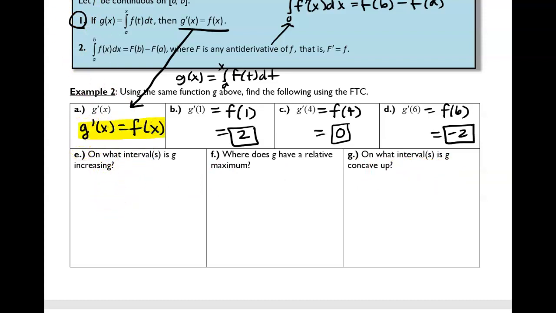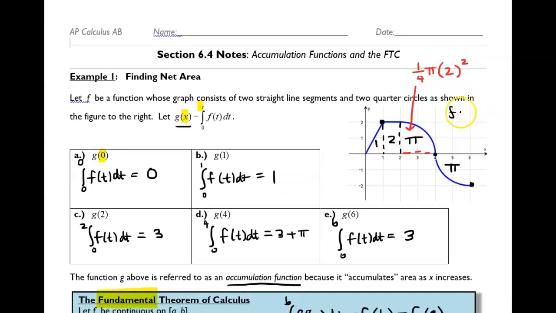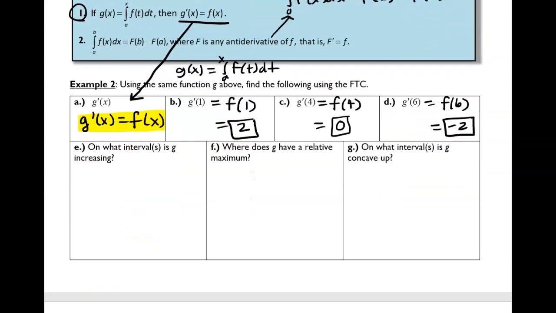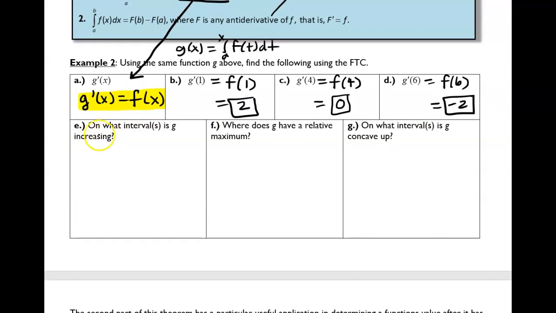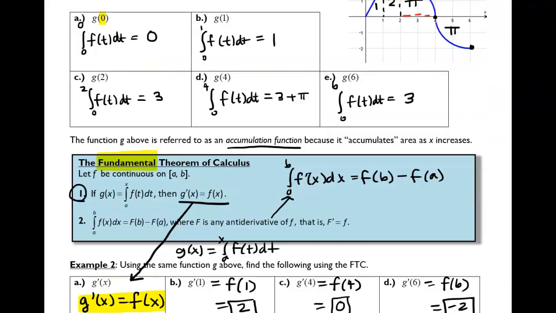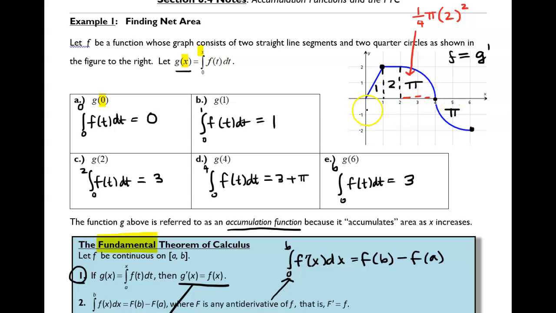So then when we're looking at this graph of f, we're also looking at the graph of g prime. So if I ask questions about g, what I'm given is g prime. The first question asks, on what intervals is g increasing? So remember that means that g prime is positive. So I'm going to look back up at my graph. I see that g prime is positive from 0 to 4.